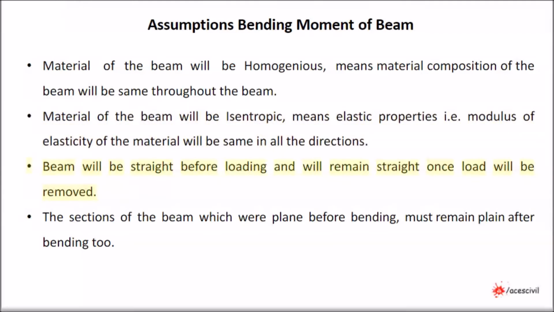Beam will be straight before loading and will remain straight once load is removed. The sections of the beam which were plane before bending must remain plane after bending too.